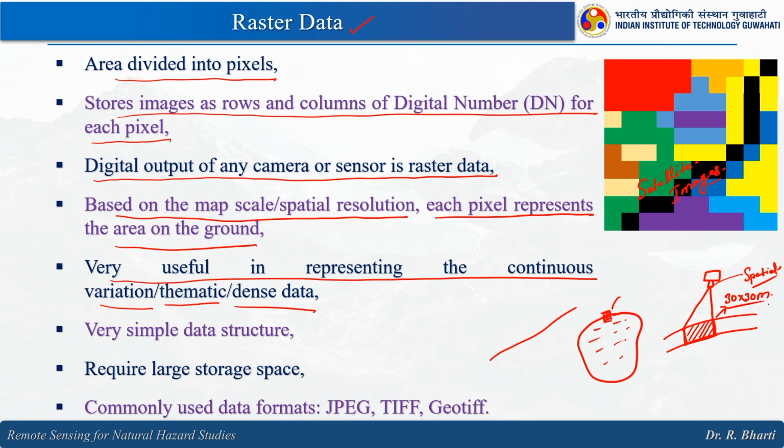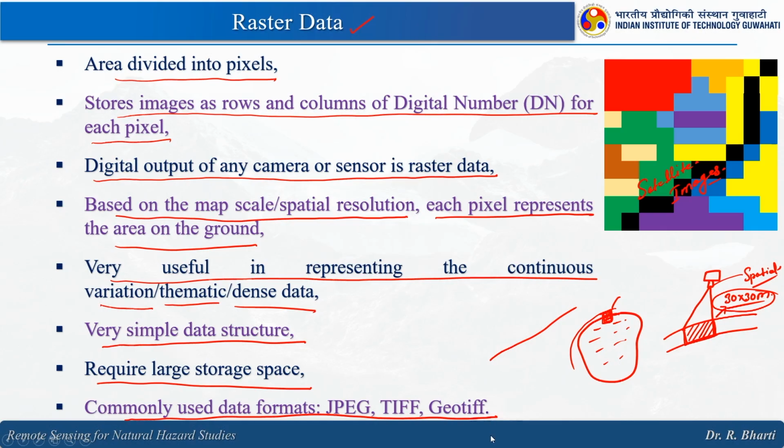So, depending upon the spatial resolution, we decide whether a lake can be represented by raster data or not, because the area will not match with the actual area. It is a very simple data structure, but requires large storage space to store these data sets. Commonly used data formats are JPEG, TIFF, GeoTIFF.